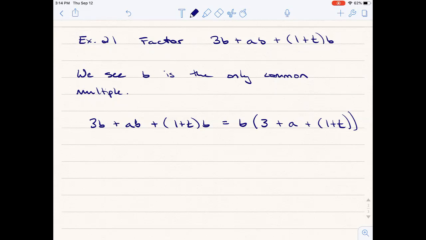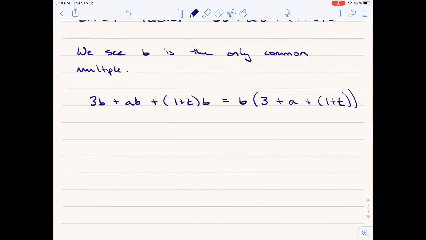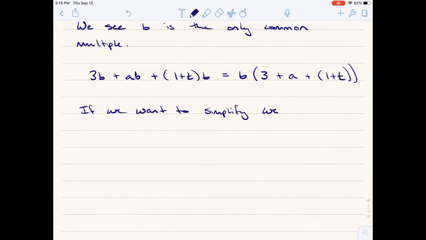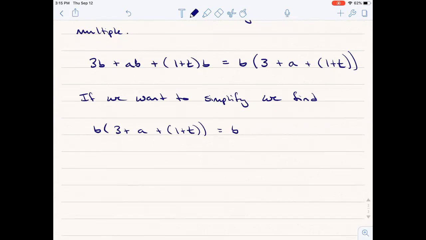If the goal was to simplify this, right, then we would clean up in there because we can add 3 and 1, right? And so if we want to simplify, we find that b times 3 plus a plus 1 plus t in brackets is going to be b times 3 plus a plus 1 plus t, right?